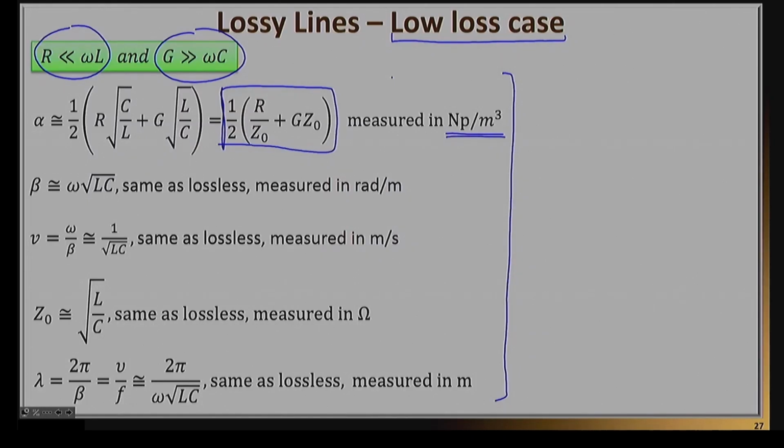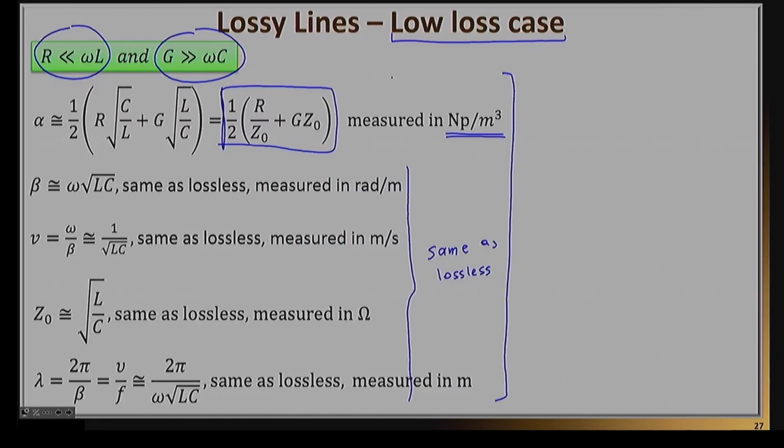And what you will also see here is that all the other constants, beta, v, Z0, and lambda, are equal to the case of the lossless transmission line. So you basically have the same as the lossless approximations for everything else except for alpha.